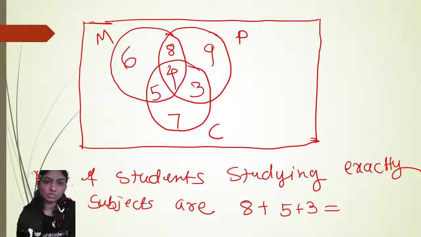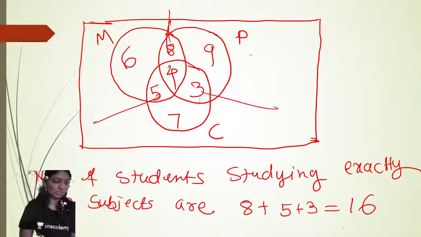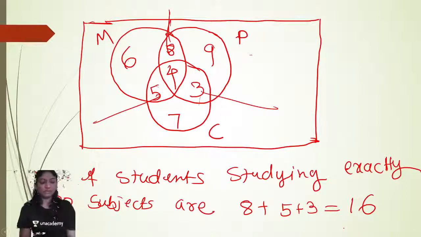These students study both subjects, maths and chemistry, maths and physics, physics and chemistry, right? These students study exactly two subjects. So 8 plus 5 is 13, plus 3. There are 16 students who study exactly two subjects.